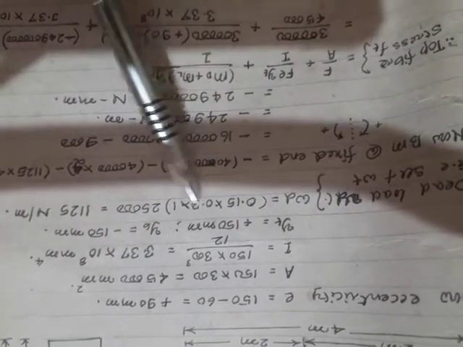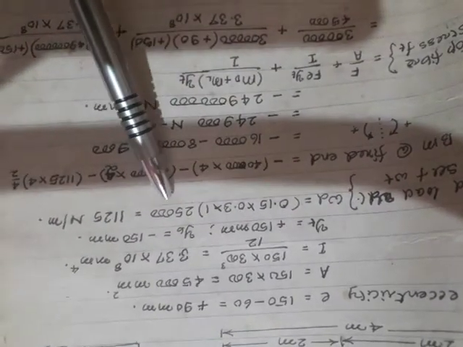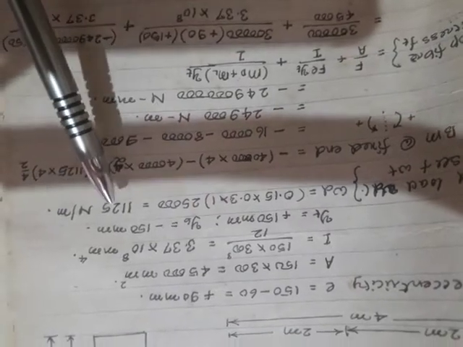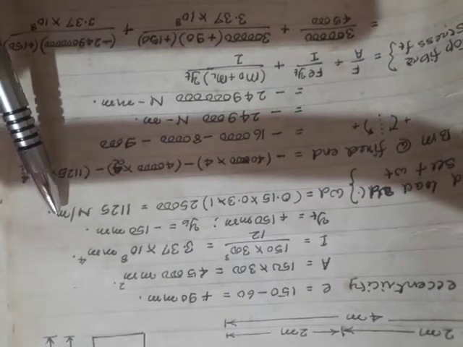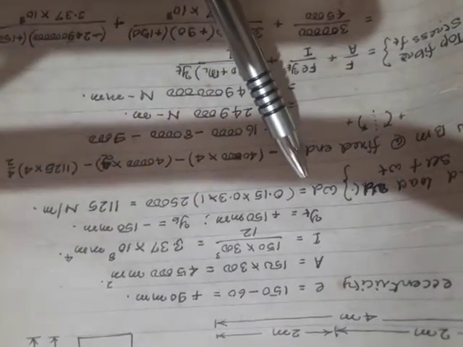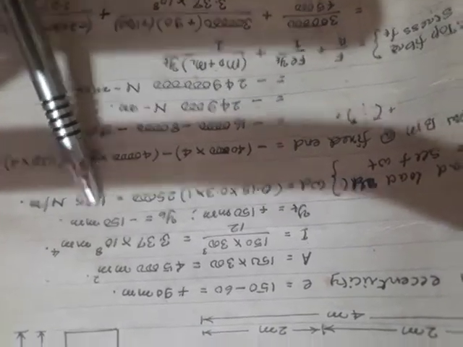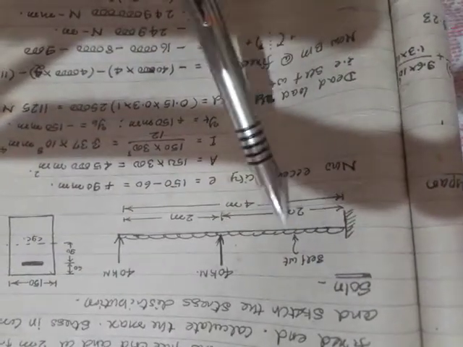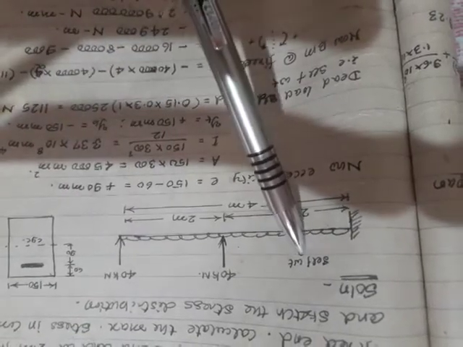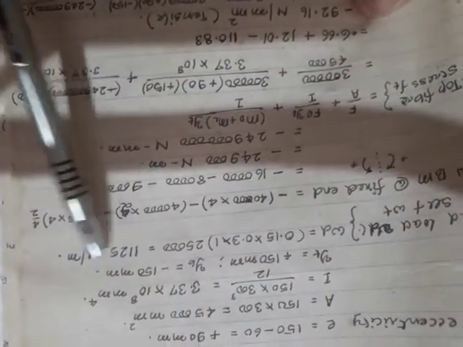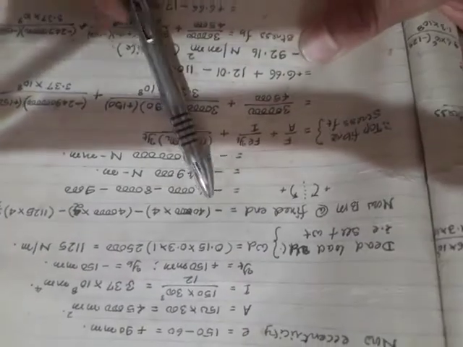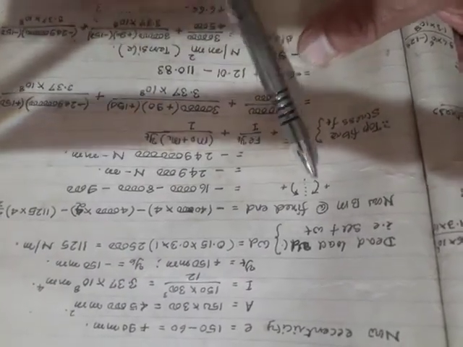This will give the volume, and into the density of concrete will give me 1125 Newton per meter as your dead load UDL WD. Here you can show this as UDL, and this UDL's intensity is 1125 Newton per meter.